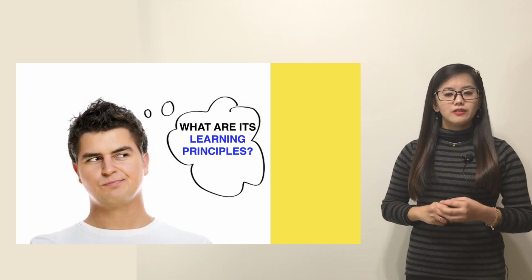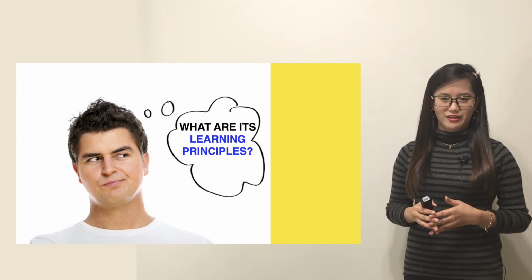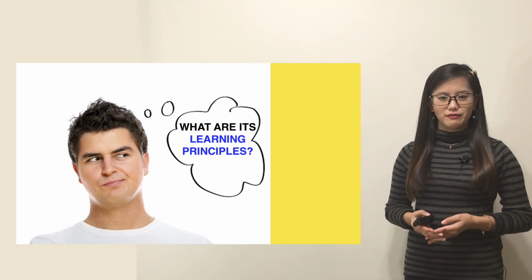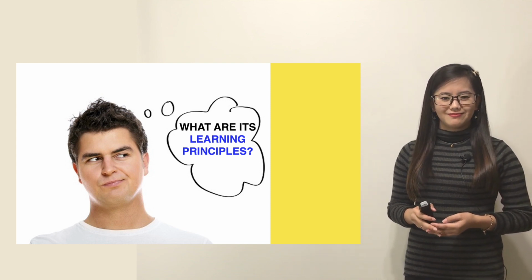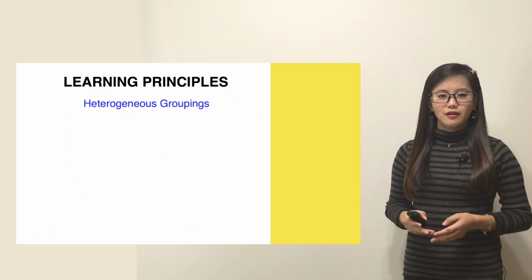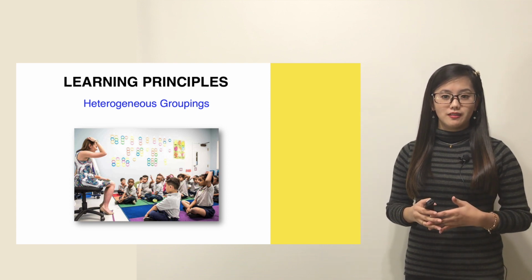So let's take a look at the principles of collaborative learning. What do you think are the learning principles of collaborative learning? Let's start with the following. First one is the heterogeneous grouping.